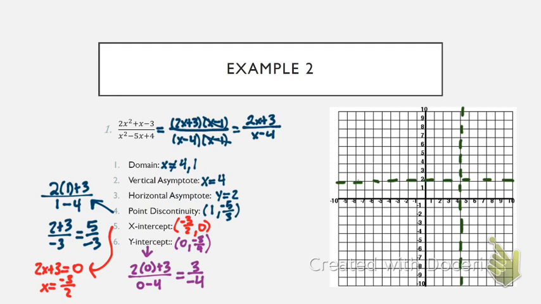We have a point of discontinuity, or a hole, at 1, negative 5/3, which is basically 1, negative 2. So I'm going to put a circle where the hole would be. I have an x-intercept at negative 3 over 2, 0, which is negative 1.5. And I have a y-intercept at 0, negative 3/4, which is right there-ish.